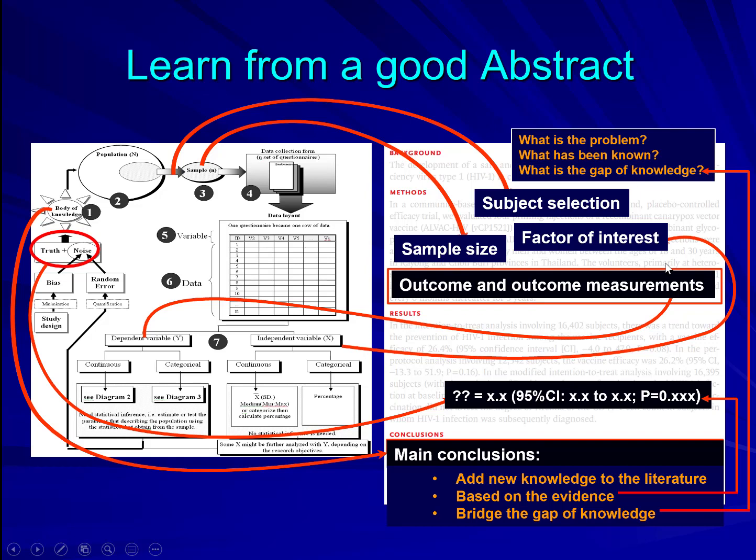And if we don't have the data yet, from the mock abstract to the mock manuscript, we can expand from the mock manuscript to the real research proposal, and make details of these components about statistical planning into more details, and then we get a very good and concise statistical analysis plan for our research.